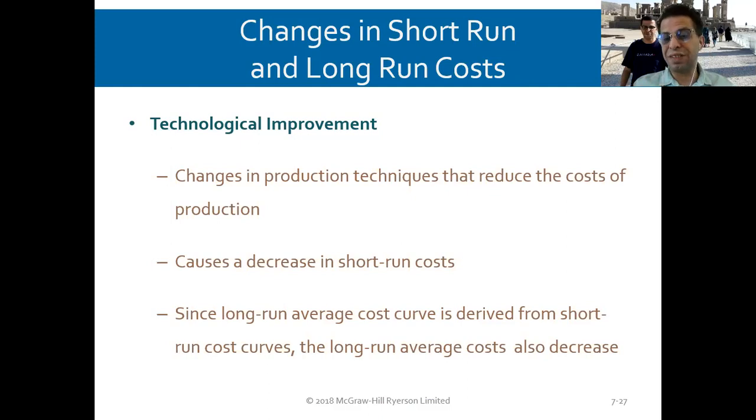That's an improvement in technology. So technological improvement, like what we see in Canadian farming systems, causes a decrease in the short run cost. Since the long run cost curve is derived from short run costs, the long run average cost also decreases. That's obvious and pretty clear.